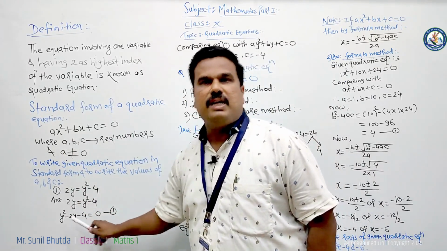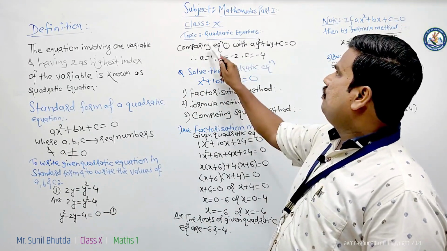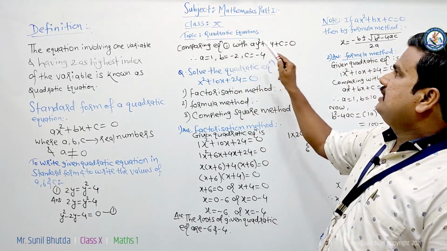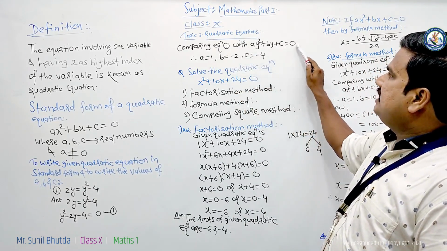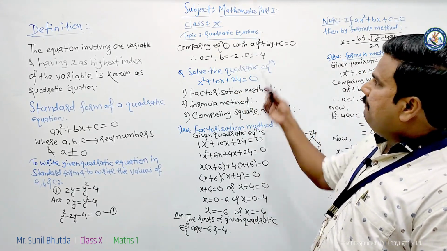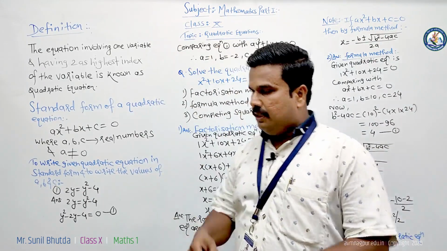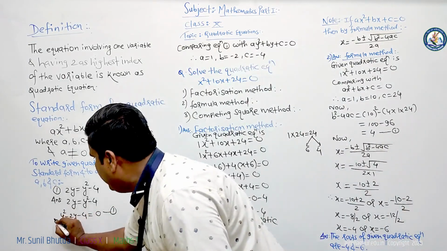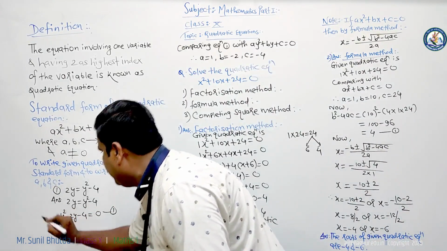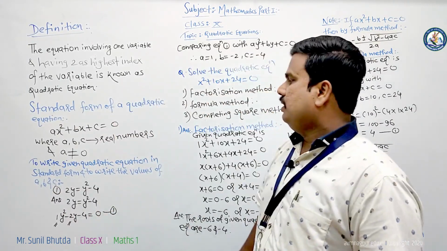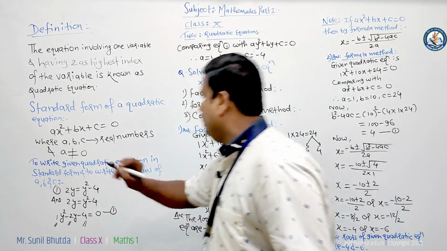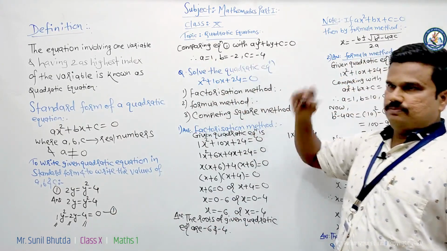Now we will compare this equation with our standard form, that is ay square plus by plus c equal to 0. On comparing with our standard form, we will get the value of a equal to 1, the value of b equal to minus 2 and the value of c will be equal to minus 4.